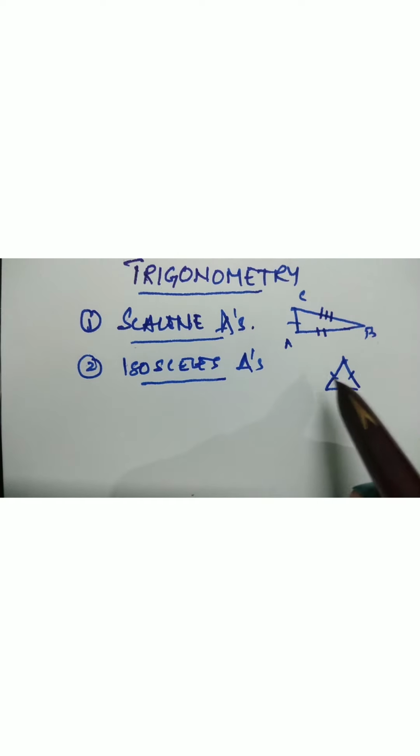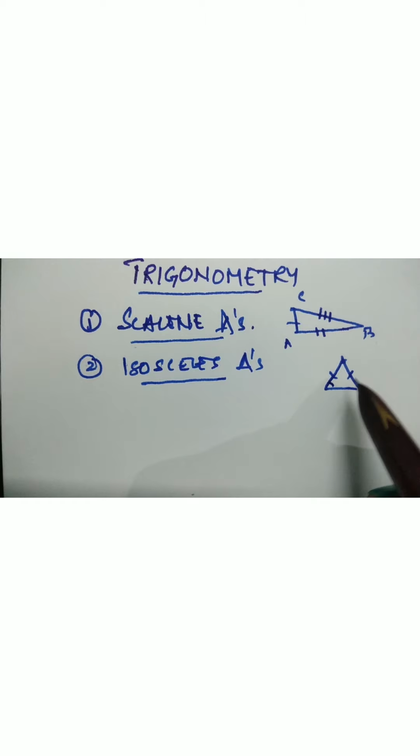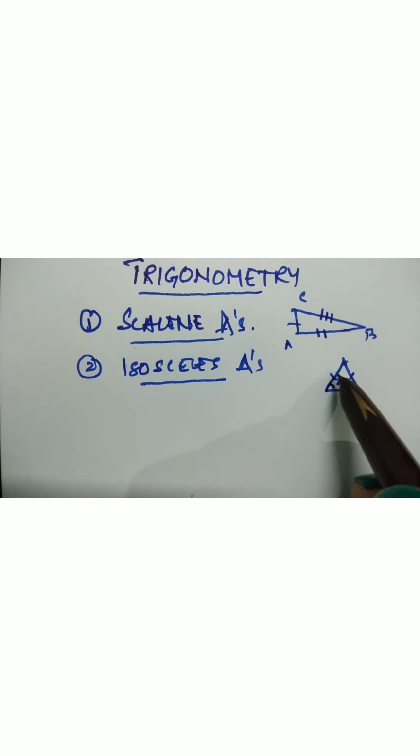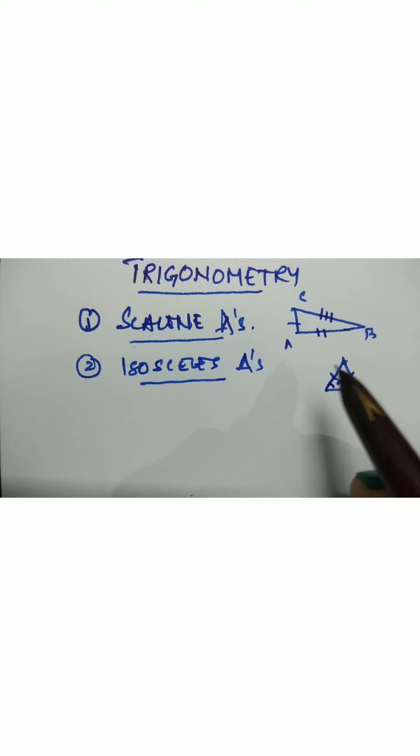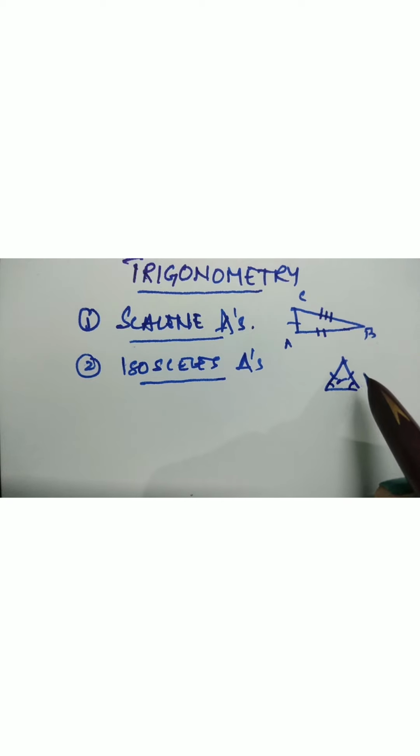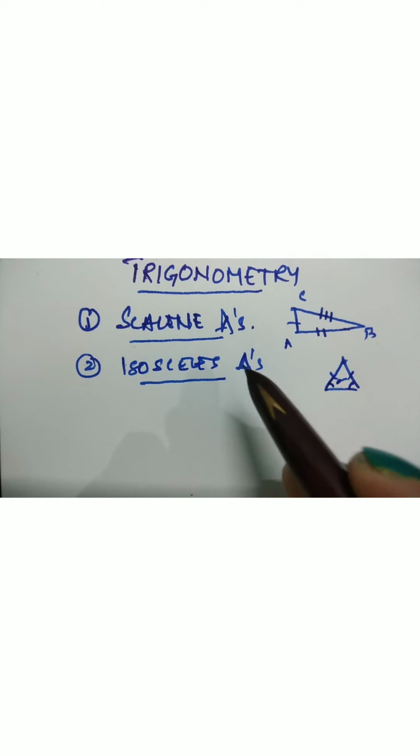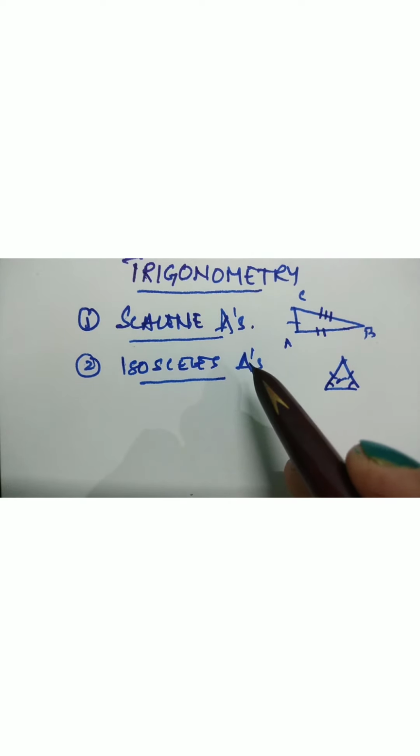And if two sides are equal, I hope you all know that the angle opposite to this side is also equal to the angle opposite to this length. That means two angles and these two sides are of equal measure.